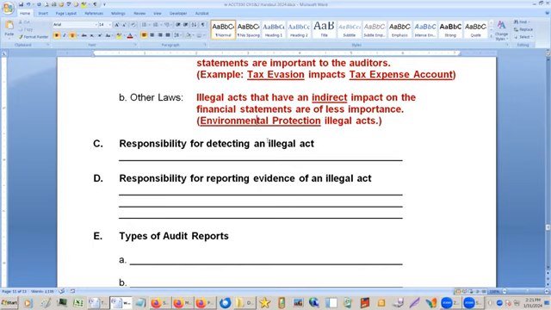Now you might say, wait a minute, couldn't they get fines? Yeah, sometimes they get fines. Sometimes the EPA just says knock it off. It's hard to tell because it's not direct. It isn't like we didn't report this income and there's X amount of dollars that are going to show up on the financial statements. You don't know what it's going to be. It could be a fine, it could be stop doing this. You don't know what the impact is.